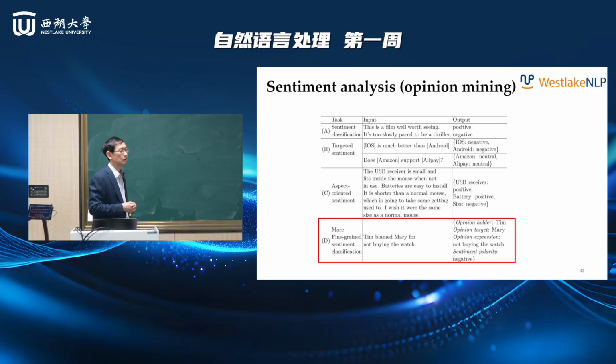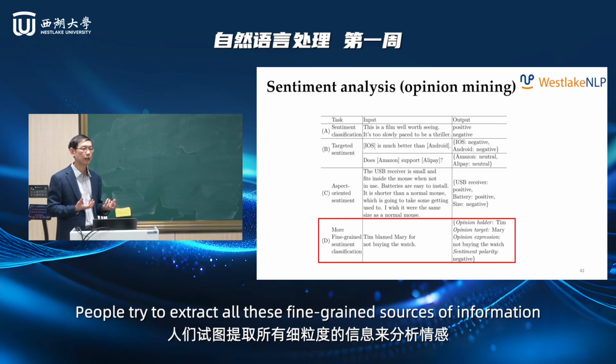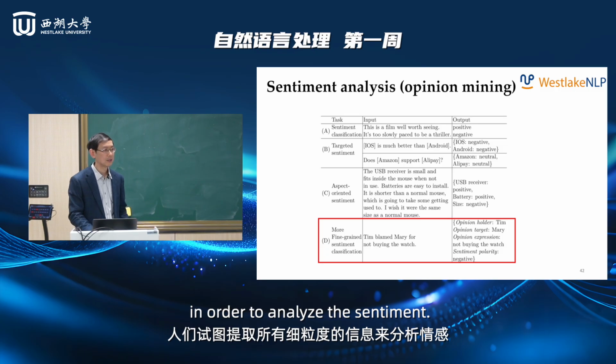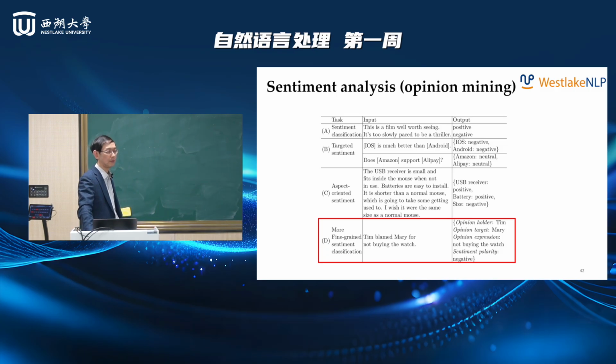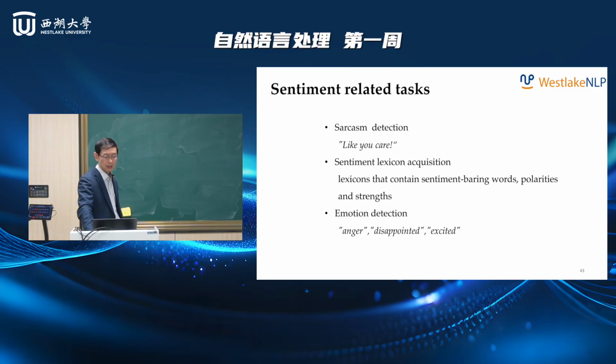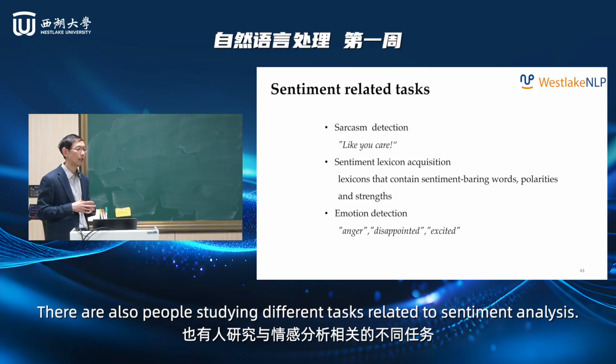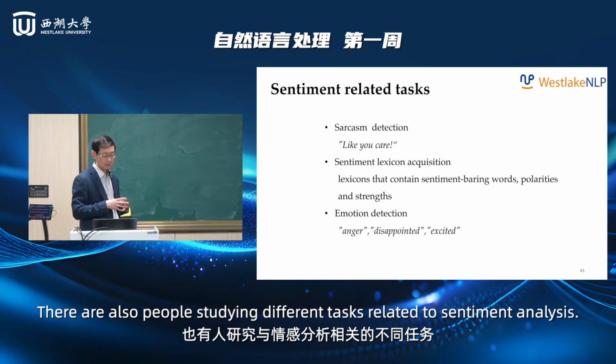So people try to extract all these fine-grained sources of information in order to analyze the sentiment. This is sentiment. There are also people studying different tasks related to sentiment analysis.